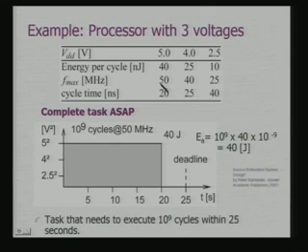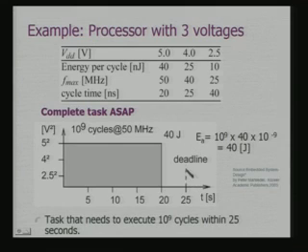You operate at 50 megahertz when it is 5 volts. If the supply voltage is reduced, then you operate at a lower frequency, and as you reduce, the cycle time obviously increases. Let us consider a task, okay, which may have started at this point, which is 0, and has got a deadline of say 25 seconds, okay. This is the deadline for the task.